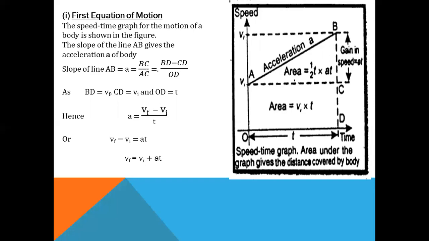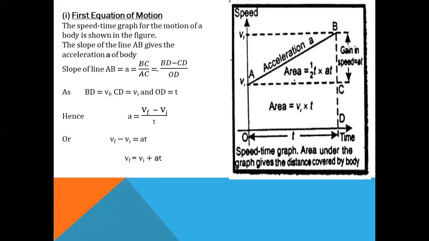Now as we see that BD is Vf, CD is Vi, and OD is t. Using these values in above equation, we get a is equal to Vf minus Vi divided by t.